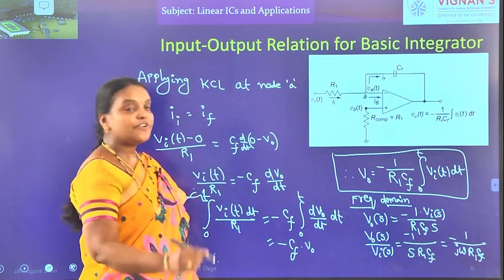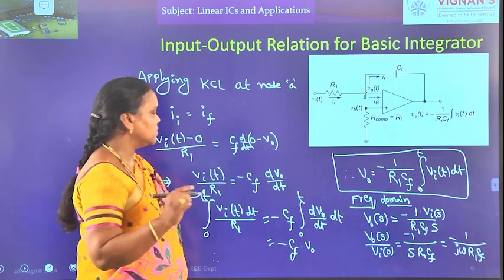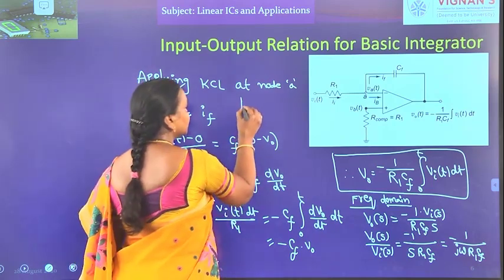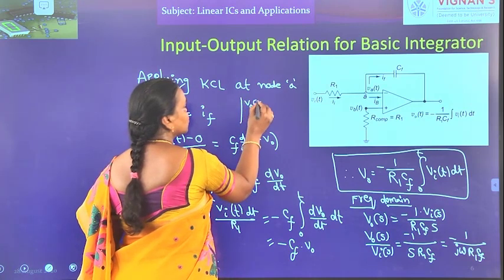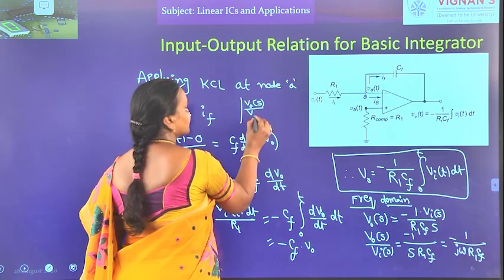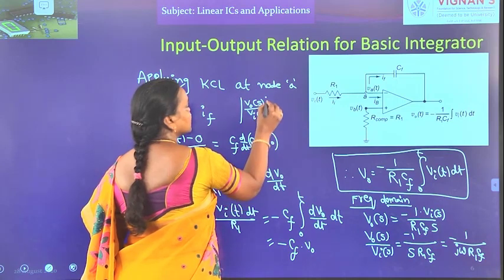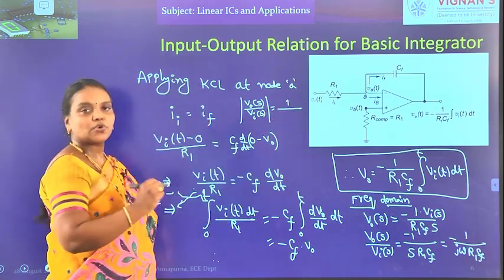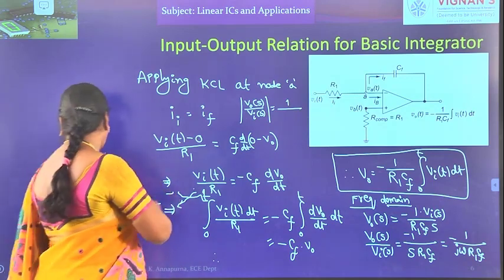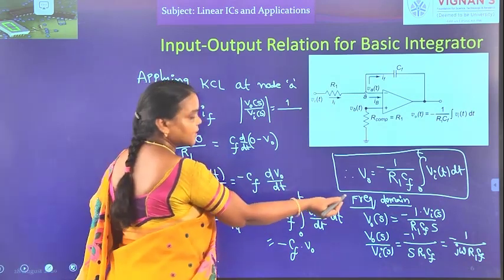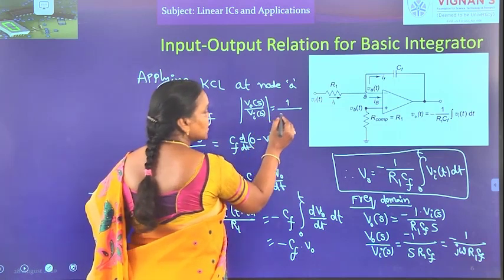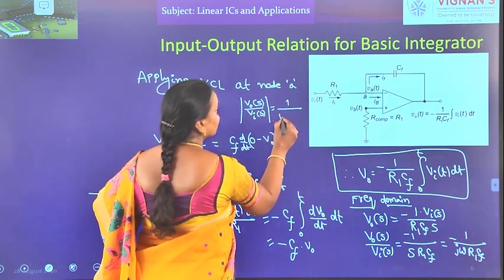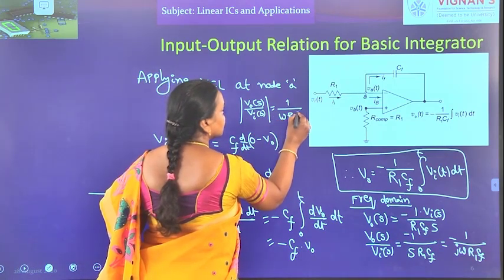Now, if we consider only the magnitude, the magnitude of the gain means magnitude of V naught of s by Vi of s, that is equal to 1 by the square root of real part square plus imaginary part square. Here there is no real part, only the imaginary part, so you will get omega R1 CF.